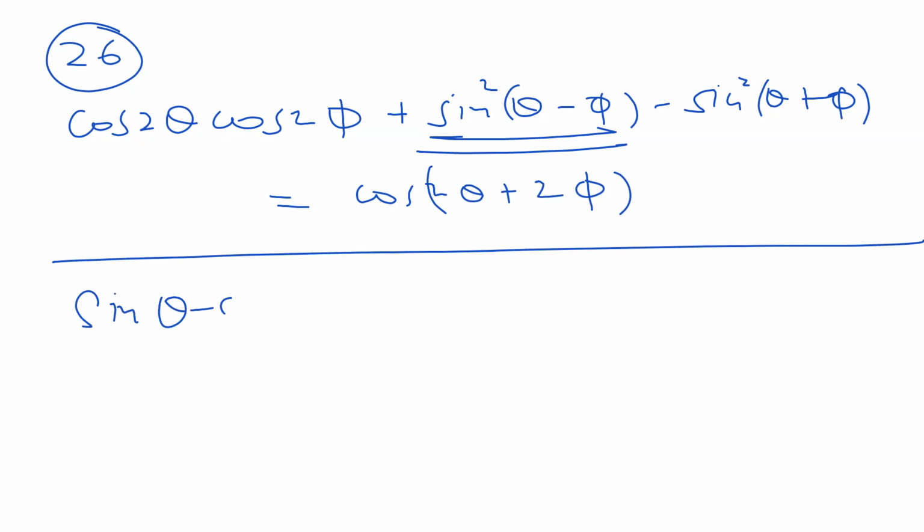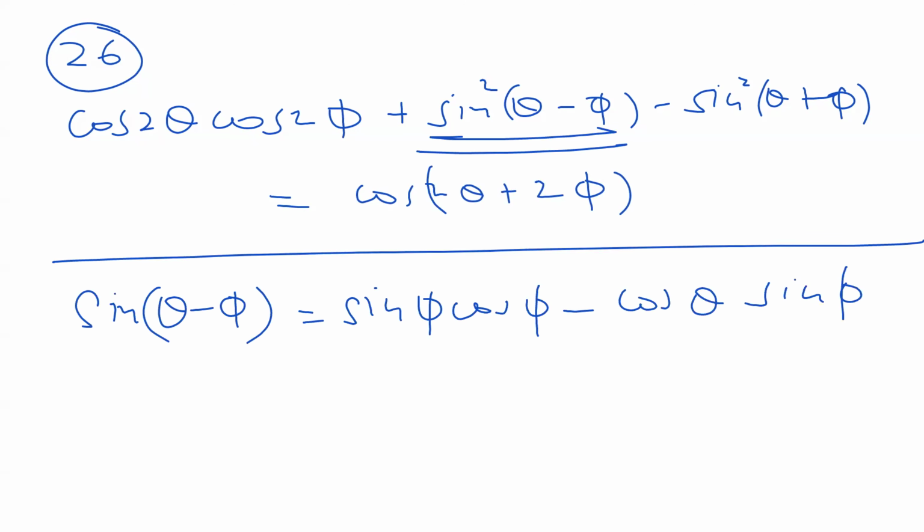So first I'll calculate sine theta minus phi, that is sine theta cos phi minus cos theta sine phi. I'll make this theta, sorry. Okay, but then there is a square, so you'll have to square this. So this will be sine square theta cos square phi.